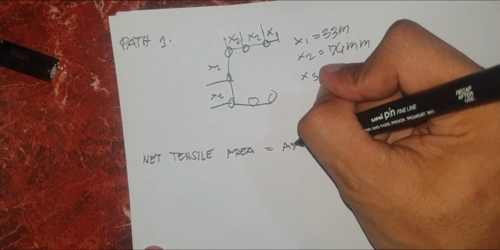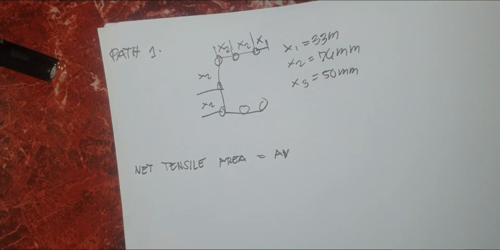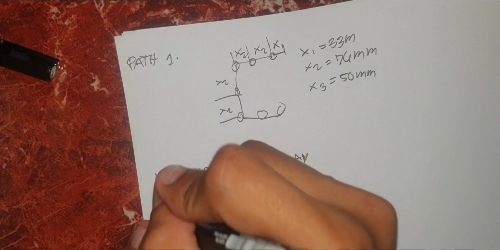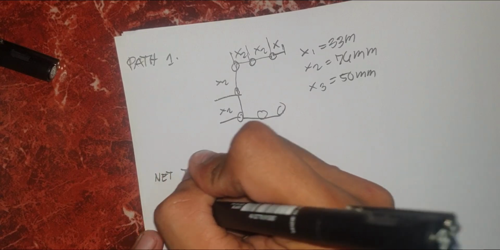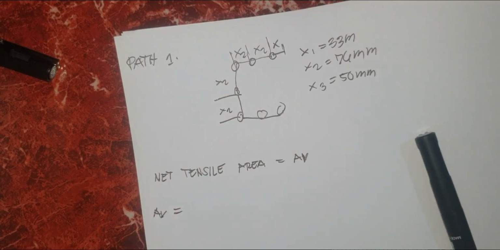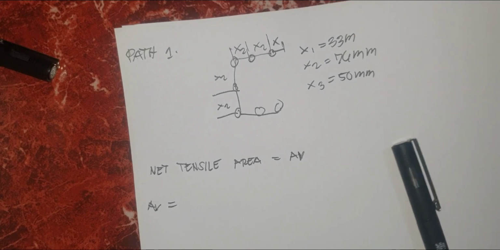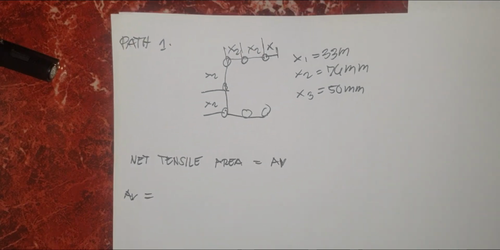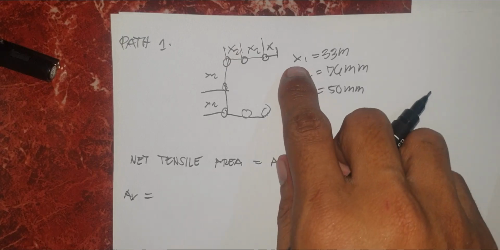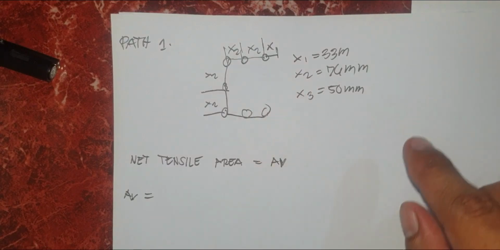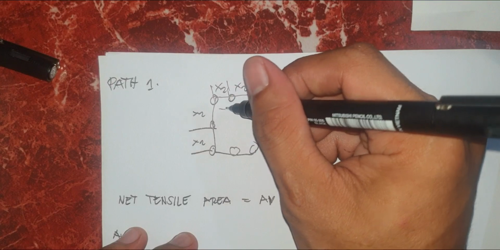EV, that's not Y, it's V. We need to locate the EV, or shear, net tensile shear. So this is our tensile here.